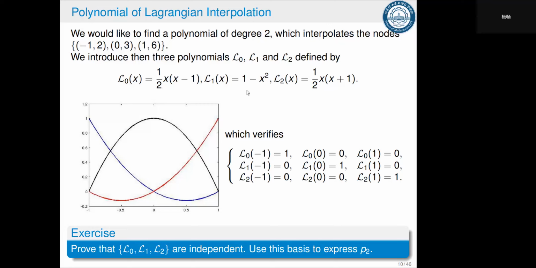We can check a very interesting property. For L0, if you plot it, it is just this curve. This is L0, and this is L1, and this is L2.